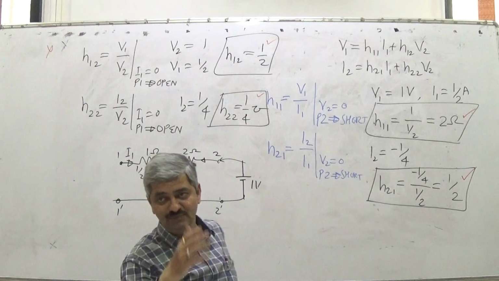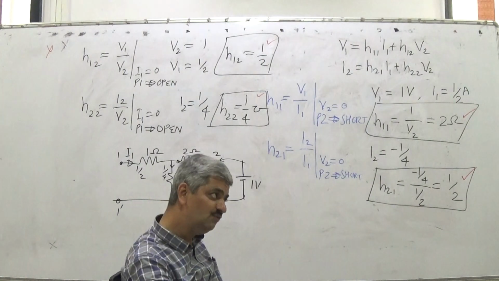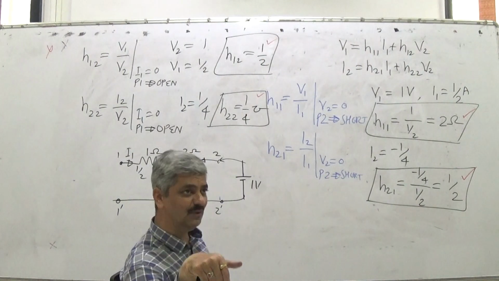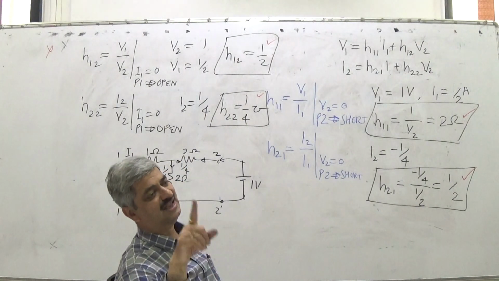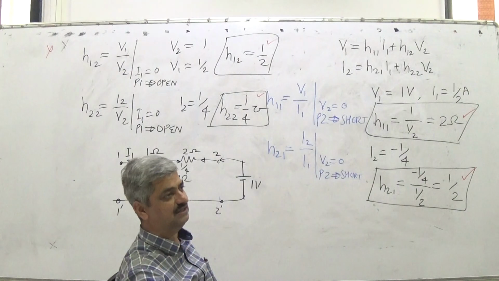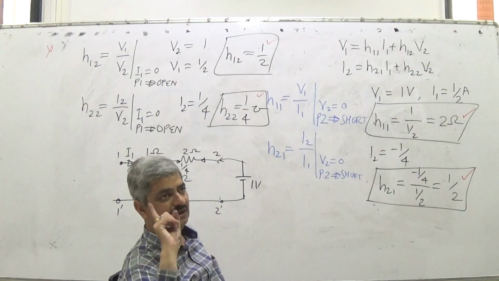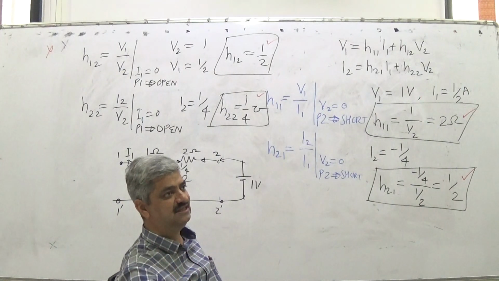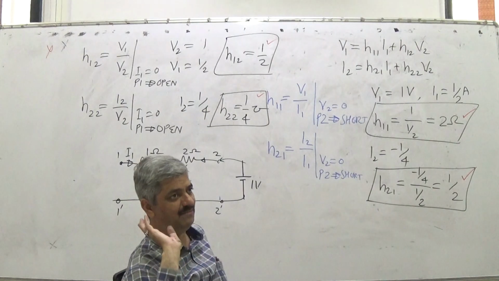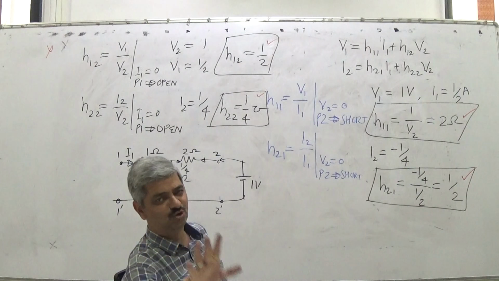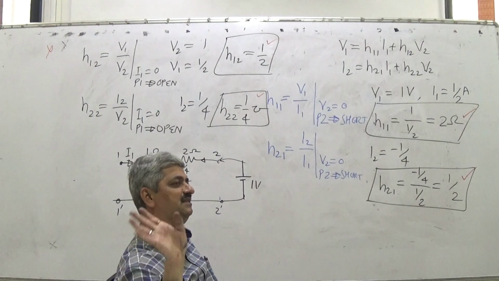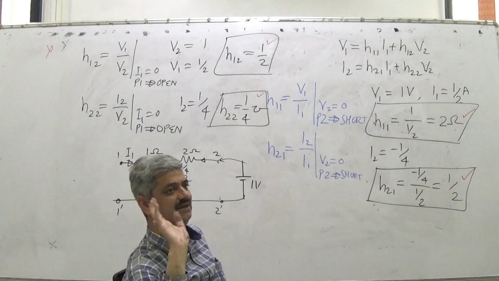Now there are two more ways. In one way, voltages were expressed as a linear combination of currents, Z parameters. Currents are expressed as a linear combination of voltages, Y parameters. V1 and I2 are expressed as a linear combination of the remaining, H parameters.